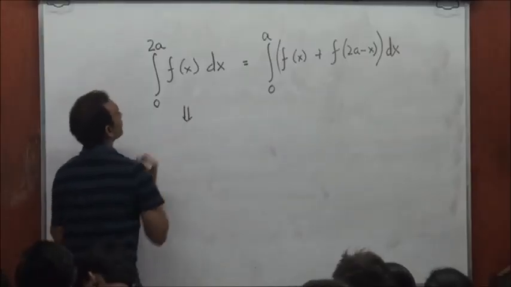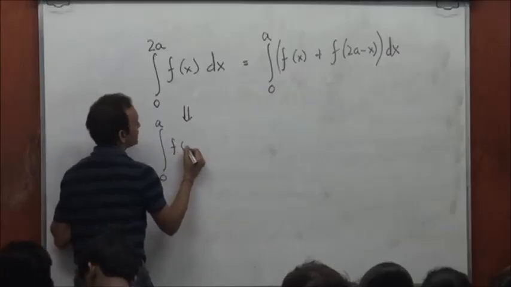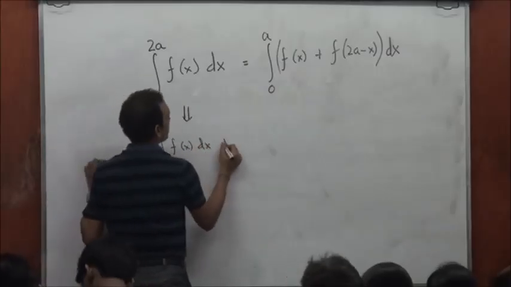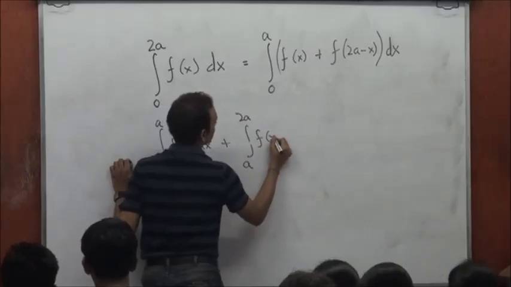Now, this I write as 0 to a f of x dx plus a to 2a f of x dx. How about it?